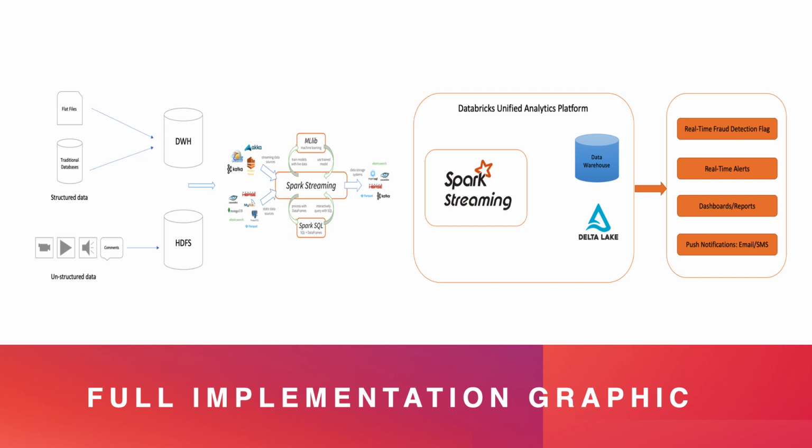And we can use rule based algorithms that can identify the claims that violate any specific rules or guidelines. An example of that would be claims for procedures that are not typically performed together, or claims for procedures that are performed too frequently. They can indicate fraudulent activities.